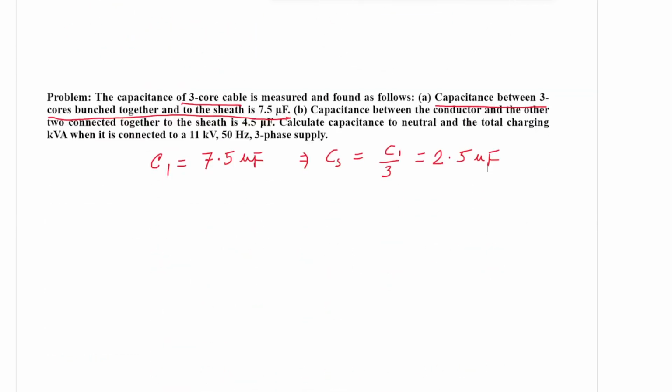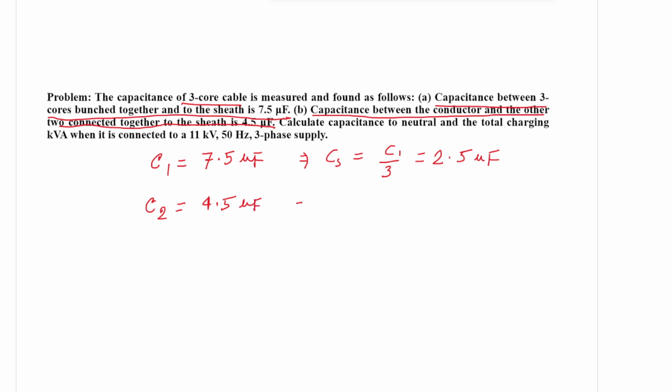Second part, concentrate on the B part. Capacitance between the conductor and the other two connected together to the sheath is 4.5 microfarad. That clearly indicates C2, so C2 is 4.5 microfarad.